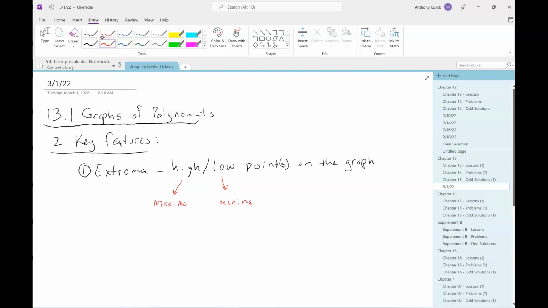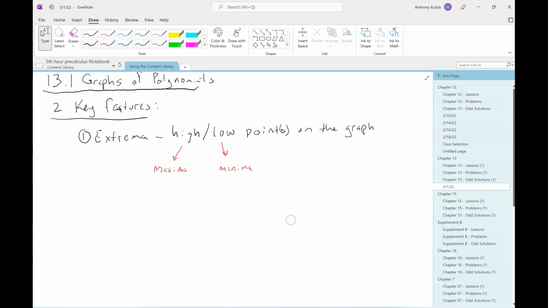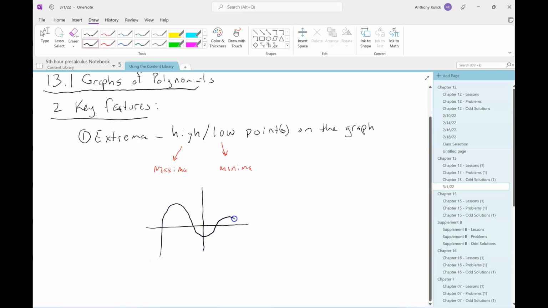And there are really two kinds of maxima and two kinds of minima. So there are four total types of extrema. Let's look at an example here. Let's say we have this graph.